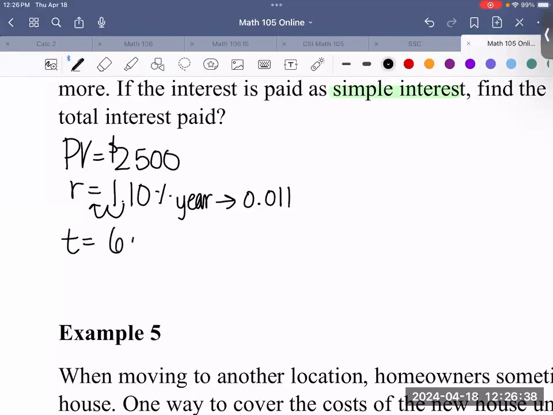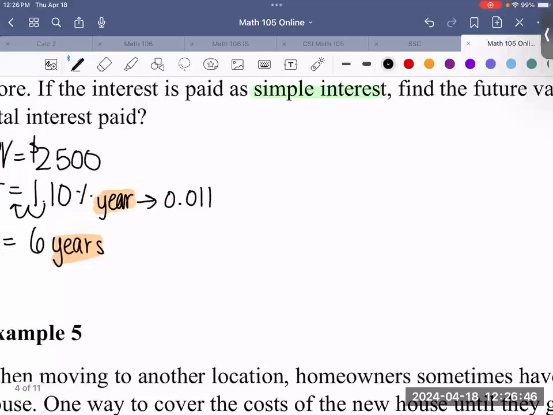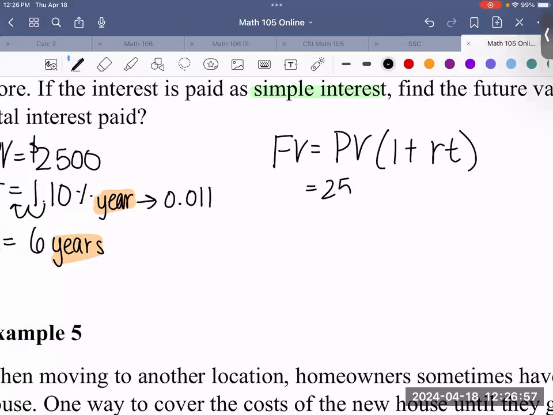T is equal to 6 years, which again, these match, we're good to go. So we want to find the future value, which we're taking your present value, adding 1 plus your rate times your time. So 2,500 times 1 plus 0.011 times 6. Maybe something like that goes into your calculator.